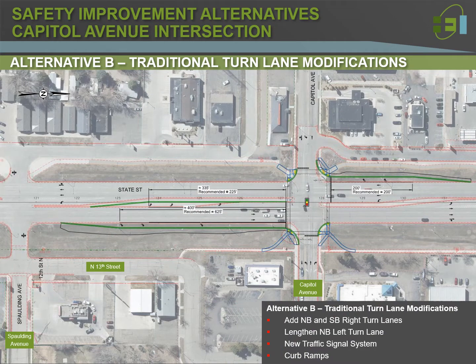Alternative B traditional turn lane modifications to the Capitol Avenue intersection include the addition of northbound and southbound right turn lanes on State Street, lengthening the northbound left turn lane, and the replacement of the traffic signal system, as well as curb ramp upgrades. Divide Avenue acts as a bottleneck for northbound traffic south of Interstate 94.